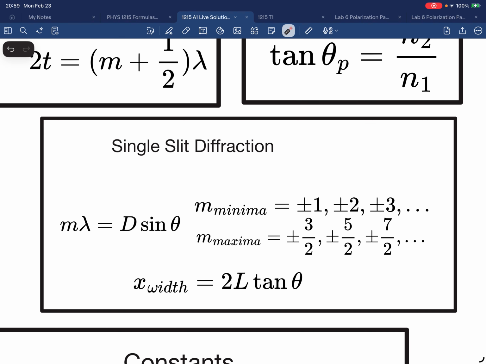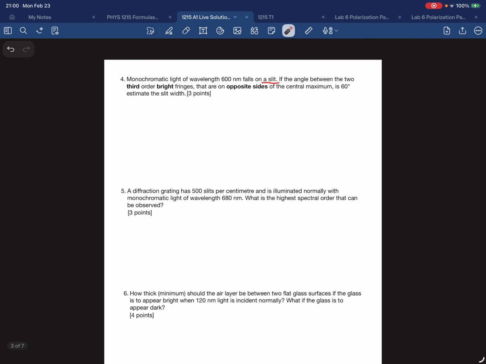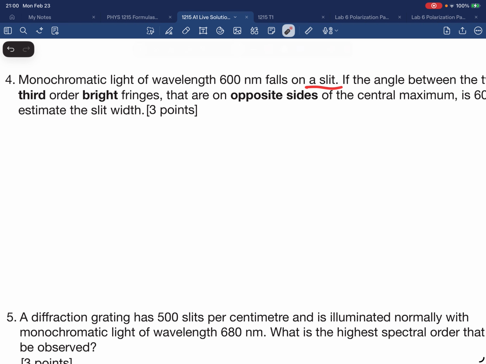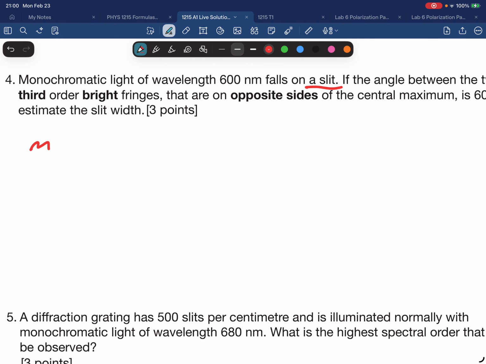So 3/2 is the first, second, third item in the list. We will be using 7/2 as our answer. So our formula is m lambda equals d sine theta, and our m will be equal to 7/2.